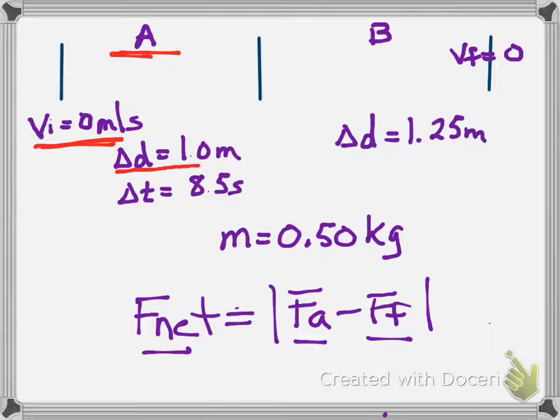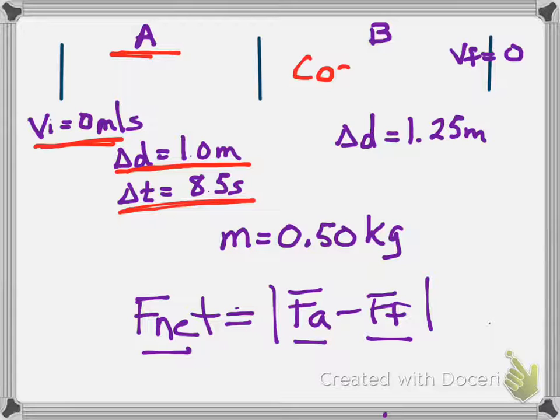It's going to accelerate over a distance of 1 meter for 8.5 seconds. Super slow acceleration, very long time to go for 1 meter, but that is the data that's given to us. And so for section A, we're going to be able to use that information to figure out an acceleration rate, a positive acceleration rate. The other section of the question deals with the skateboard that's coasting.